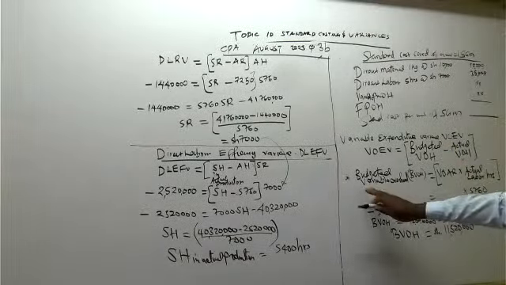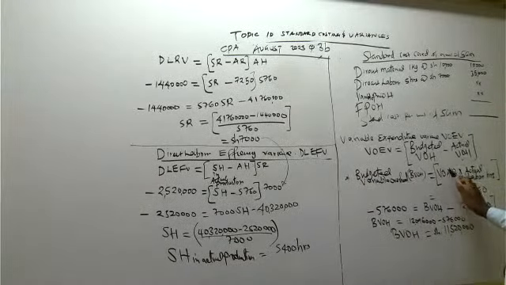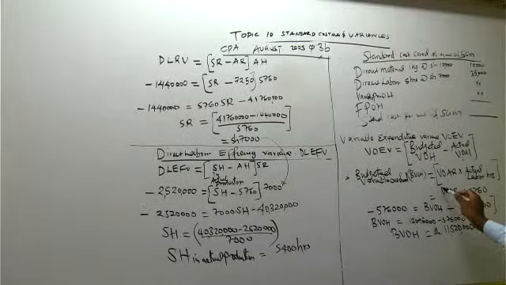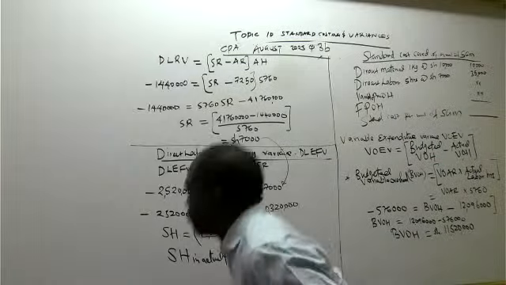11,520. Budgeted variable overhead is equal to variable overhead absorption rate times actual labor hours. Tuko na actual labor hours. Hii variable overhead absorption rate hatuna. So unaona sasa, we don't have this. Let me bring it down here for someone to be able to follow through.